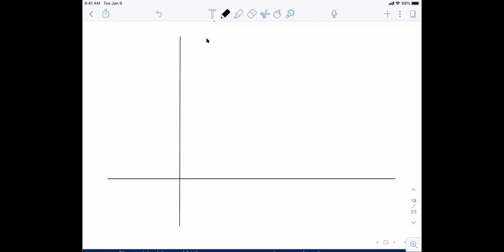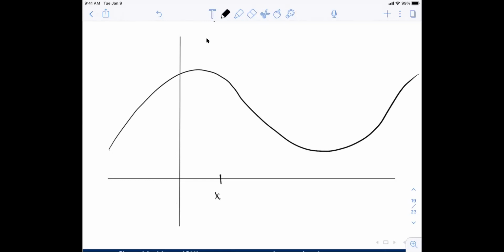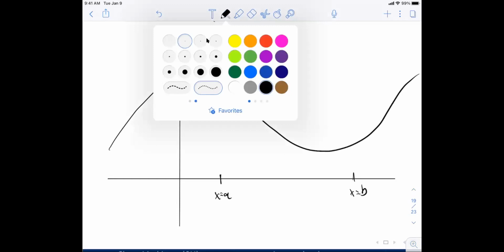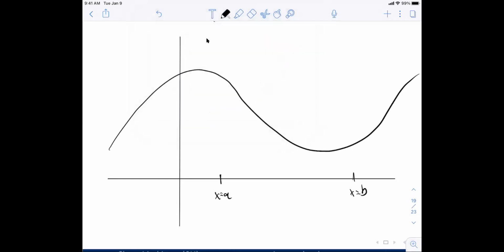Okay, we've got some curve. And this is x equals a. This is x equals b. What we want to do is approximate the area beneath the curve between x equals a and x equals b and above the x-axis to start.